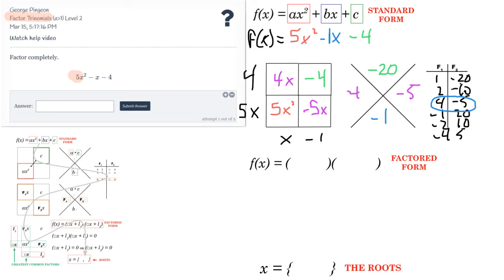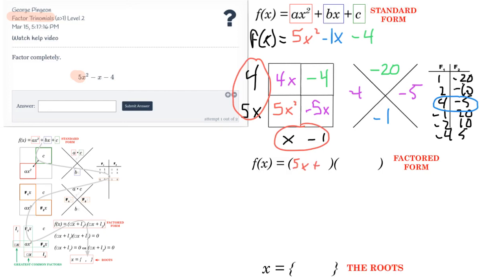And then for good measure, you just make sure that whatever is here times whatever is here is equal to -4. Yep, -1 times 4 is -4. So we are in good shape. So these are going to be your binomial factors. On one side, you're going to have 5x plus 4. And on this side, you're going to have x minus 1.